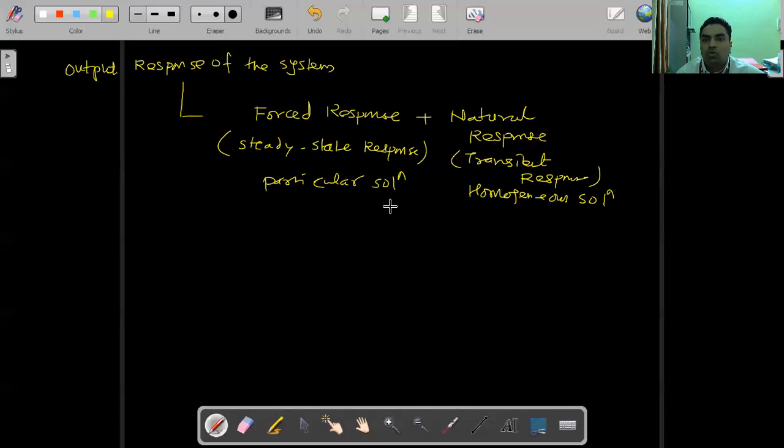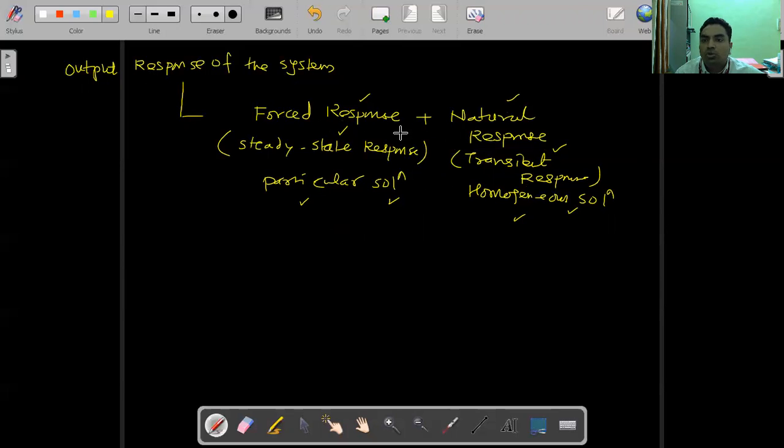So this is the output response of the system: forced response, natural response, also called steady state response, transient response, particular solution and homogeneous solution.